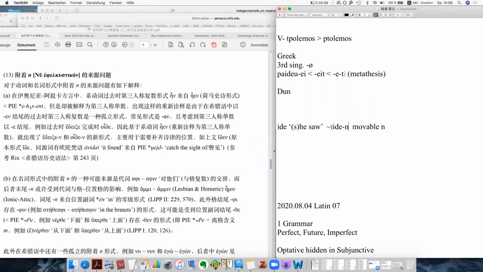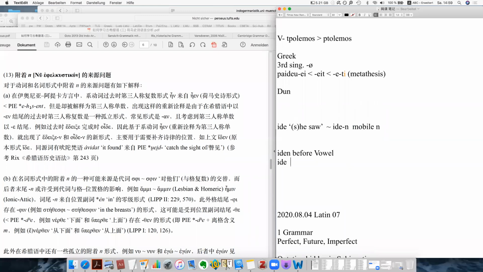For example, this eden you find before a vowel, but this one, eden, before a consonant. There's such a distribution for others, yeah.